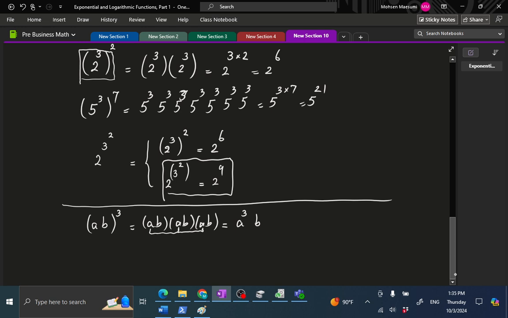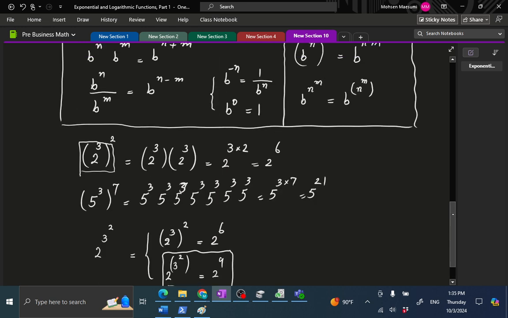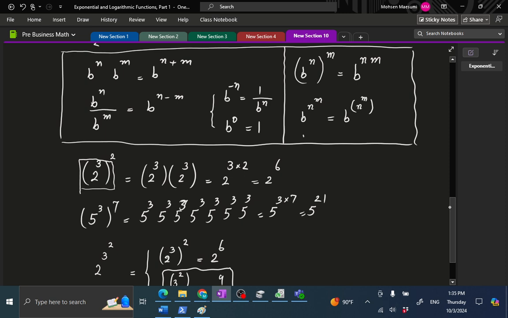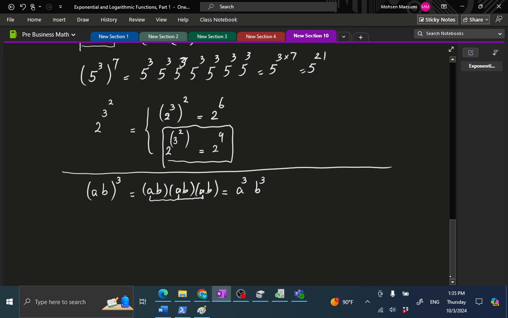Put all the b's together, that becomes b cubed. So that's another rule: if I have ab to the power of n, that's going to be a to the power of n, b to the power of n. The same rule applies for ratios, of course. If I have a over b to the power of 3, that means a to the power of 3 over b to the power of 3.